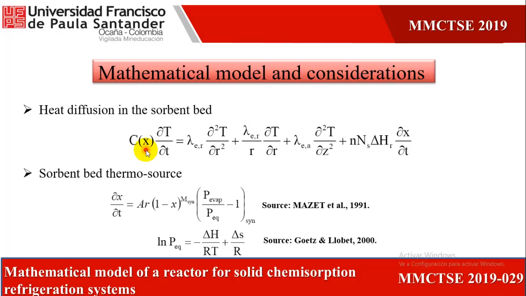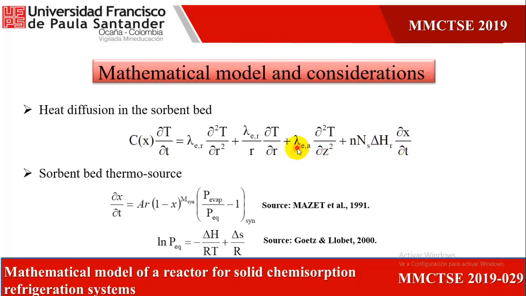This term was calculated taking into account the contributions of expanded graphite, from the metallic salt, and by the amount of refrigerant that is absorbed or dissolved during the synthesis and decomposition phases. The expanded graphite appears here since, according to the literature review, the metallic salts used in these systems has a very low thermal conductivity, and therefore the addition of graphite had the purpose of increasing the heat transfer inside the sorbent bed.